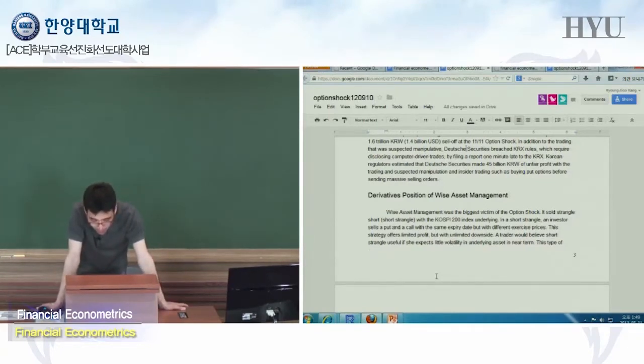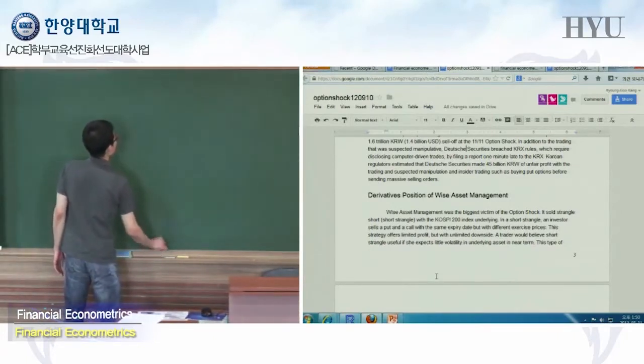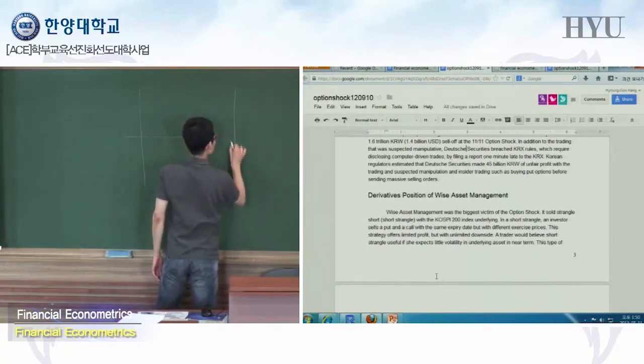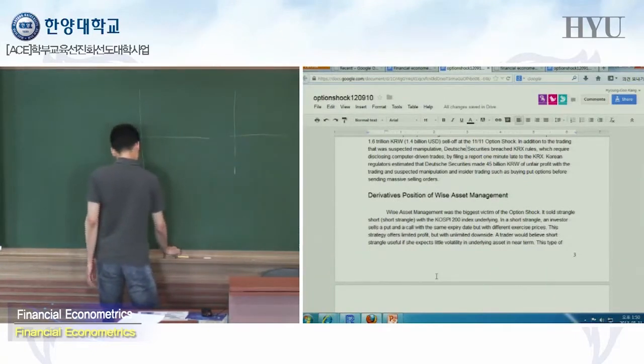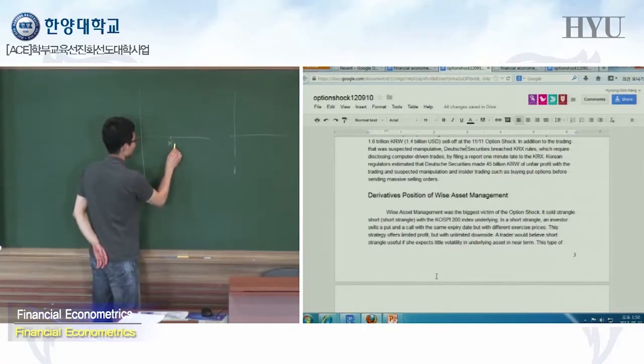In a short strangle, which was the position of the YGSM management, an investor sells a put and a call with the same expiration date but with a different exercise price. Suppose this exercise price.